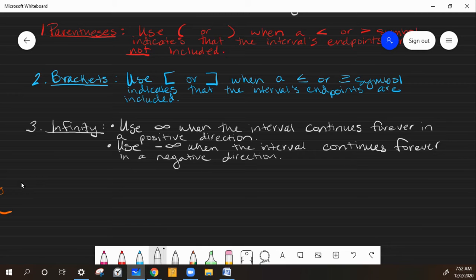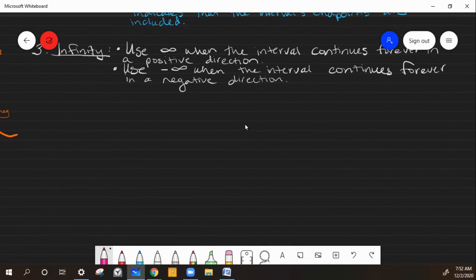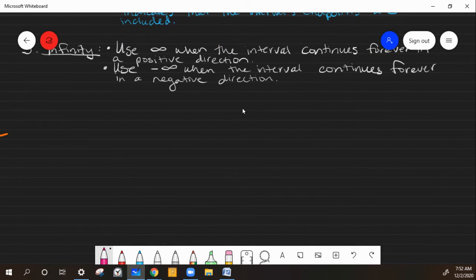The next thing I'm going to do in our notes is show 4 examples of how we use parentheses, brackets, and infinity in actual interval notation, because right now you don't even know what interval notation looks like. So we'll come back to those symbols.